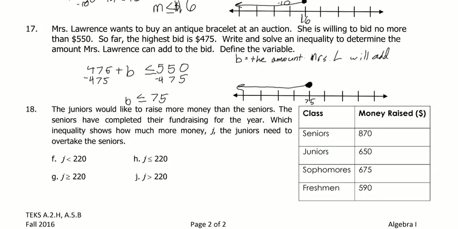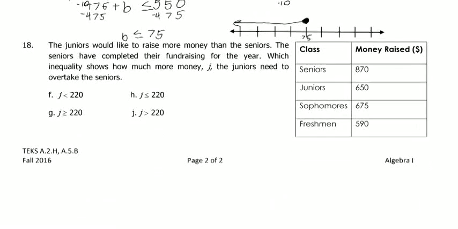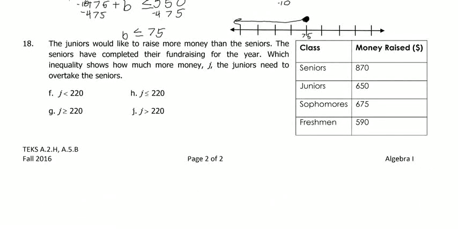Now, last question. It says that the juniors would like to raise more money than the seniors. The seniors have completed their fundraising for the year. So this is done. This is on lock. That's set. Which inequality shows how much more money J, the juniors, need to overtake the seniors?